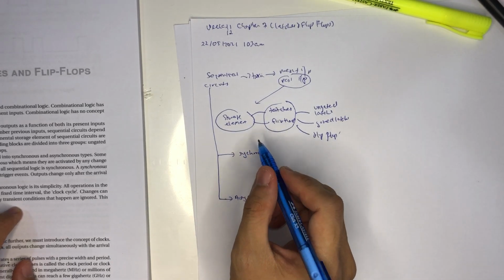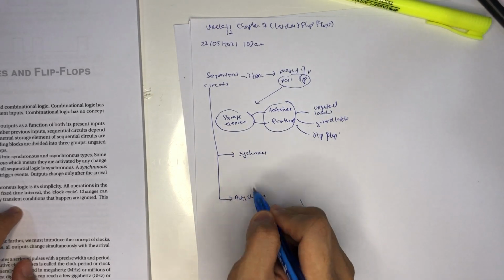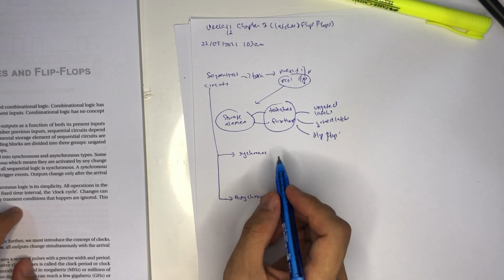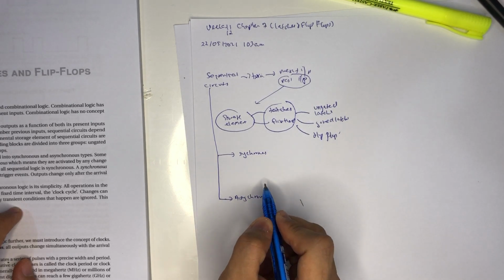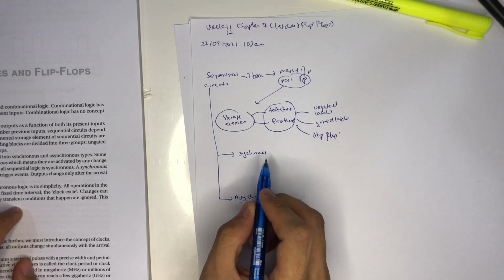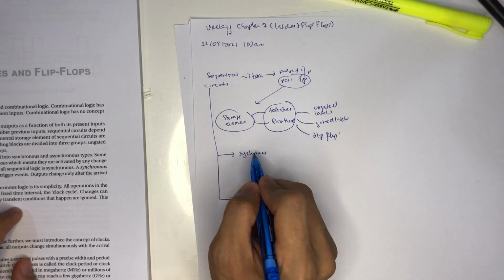Some sequential circuits are asynchronous, which means they are activated by any change in input value. You can read the definition in the book. However, nearly all sequential circuits are synchronous.